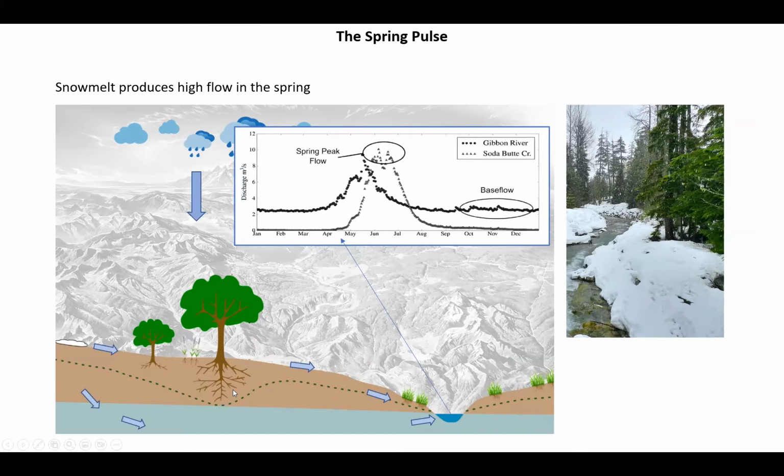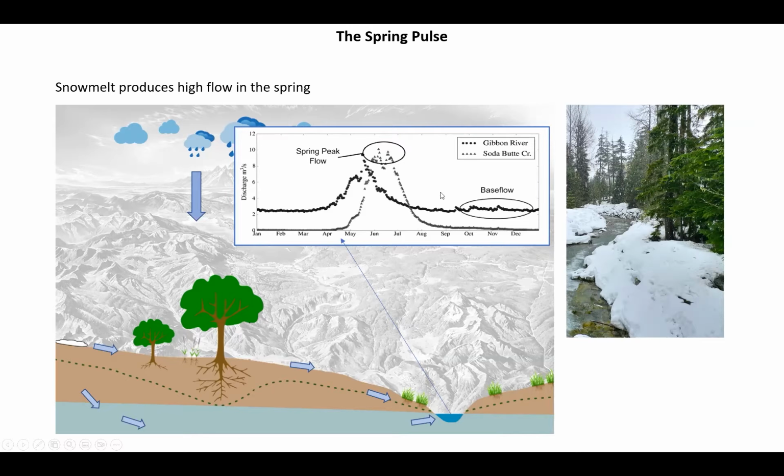Some of it goes into the soil and can move through the soil towards the creek. But quite a lot of it will go sink down into the aquifer. And this is how the aquifer recharges each year. So it's constantly leaking this base flow and feeding springs and wells, but it's also recharging each year with the spring pulse. And this explains the big spike you see in May, June, July, August as that glacial melt happens.